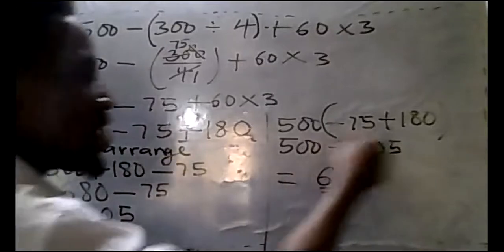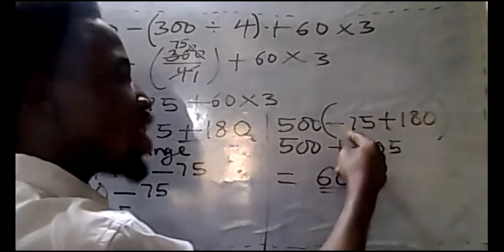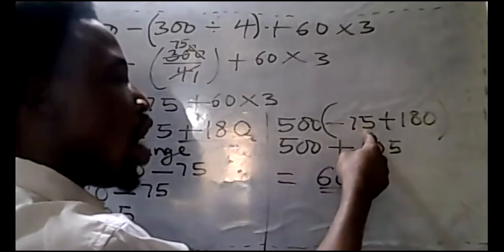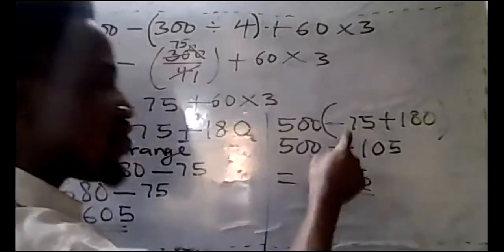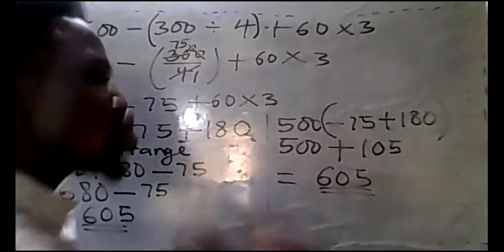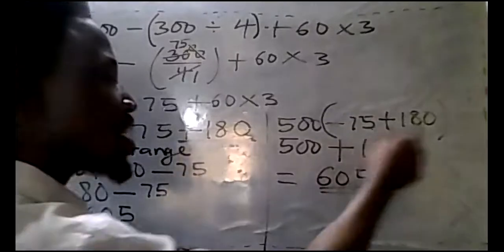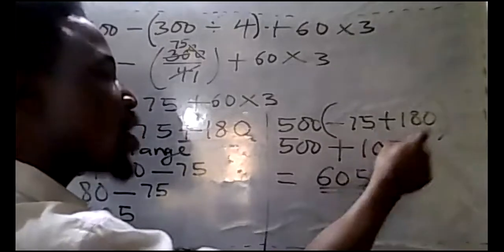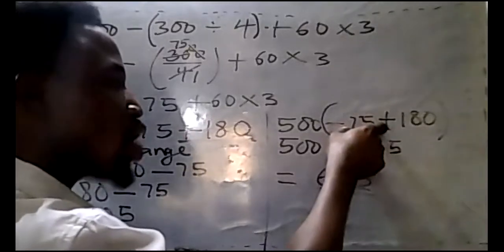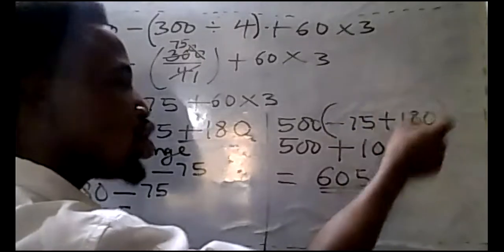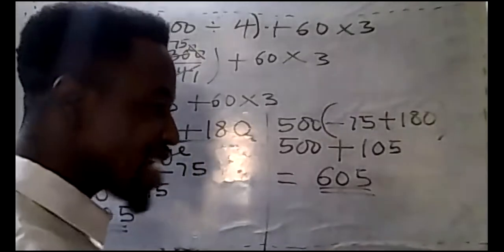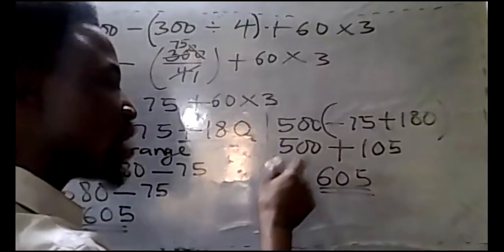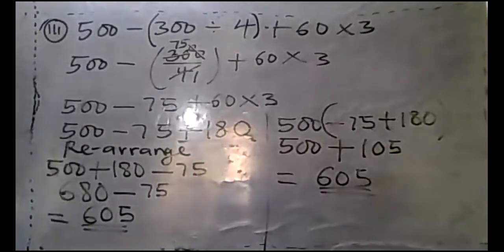That minus in front of 75 means you owe. The plus in front of 180 means you have. So you have more than you are owing. Take away what you are owing from what you have. So how much balance do you have left? 105. Add that to 500. You get 605. So I hope that is clear.